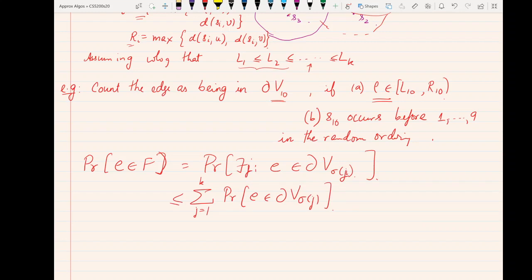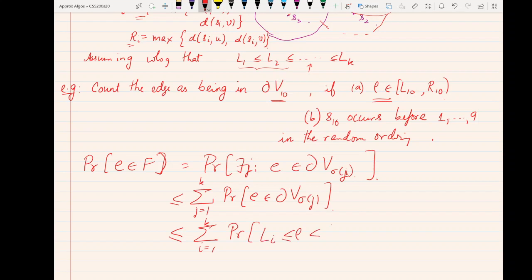I'm just going to write down the union bound explicitly, and because it's just a permutation, I can say the probability that the random radius rho lies in the following range.